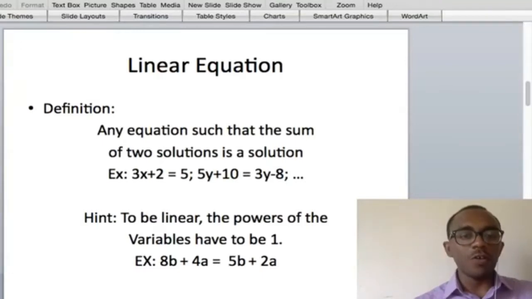In 3x, 3 is the coefficient and x is the variable. In 5y, 5 is the coefficient and y is the variable. In 8b, 8 is the coefficient and b is the variable. In 5b, 5 is the coefficient and b is the variable. All right, so far so good? That's awesome.